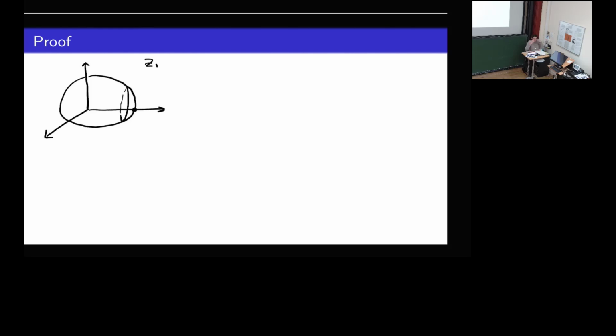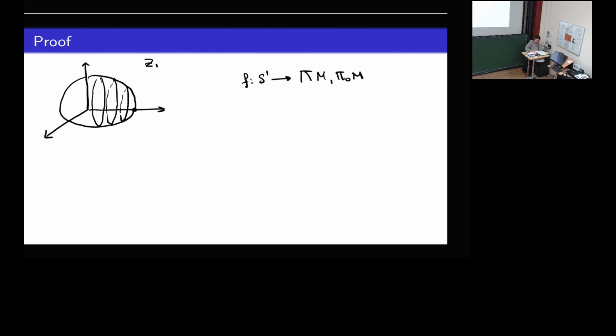Representatives are maps from S1 to the space, so this is a one-parameter family of curves, really.